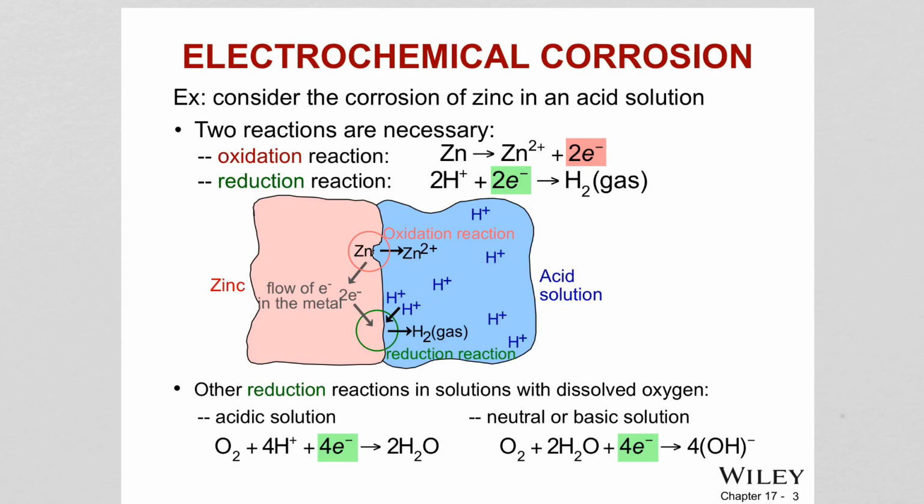We are seeing pink color, zinc, which is placed in an acid solution. Acid solution is a corroding environment, and it has excess hydrogen ions. You are seeing H plus, a proton, or we can say a positive hydrogen ion.